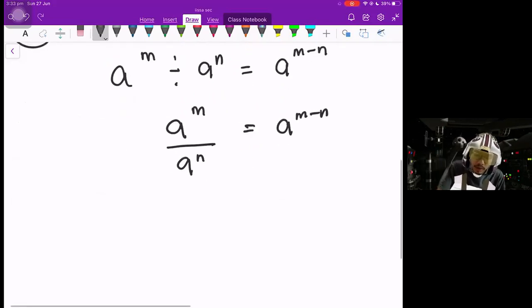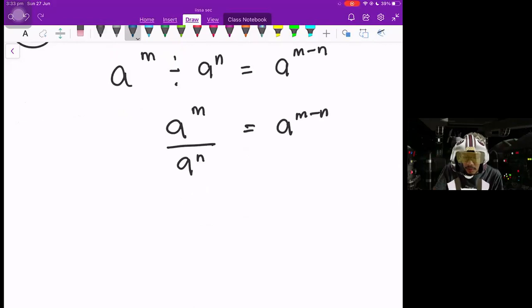Okay, so let's do an example. Let's say we have d to the power of 5 divided by d to the power of 10.